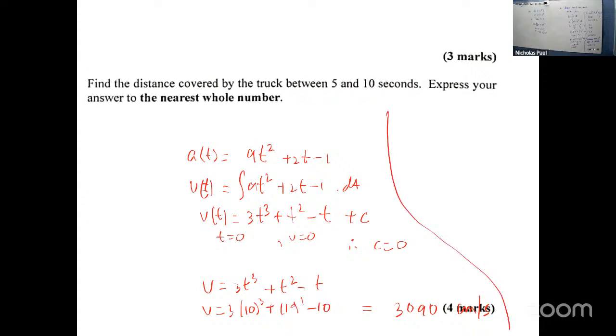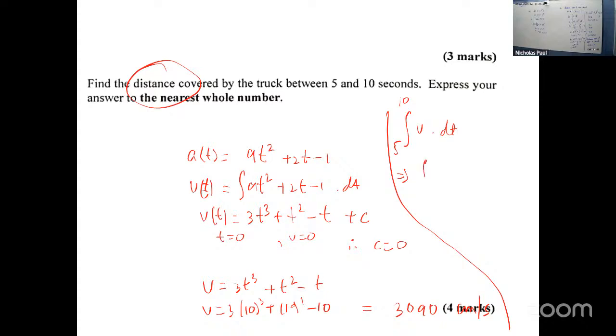Last part, they want you to get a distance covered, so you're integrating velocity with respect to time between 10 and 5. All you have to remember, you can put these values in the calculator and just check your answer.